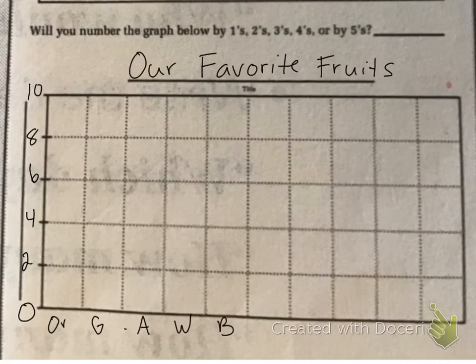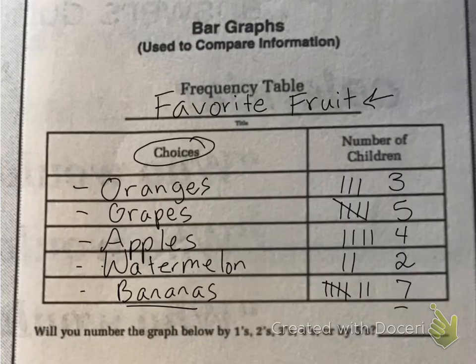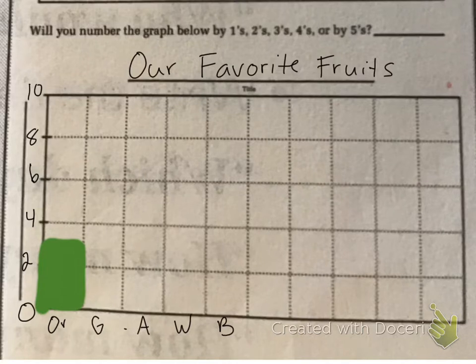So if I look, I would see that 3 people like oranges. So when I draw my bar graph, I would take my bar up to where the 3 would be, which is halfway between 2 and 4. Okay. Grapes had 5 people. So we take my bar graph up to where the 5 is, which would be halfway between the 4 and the 6.